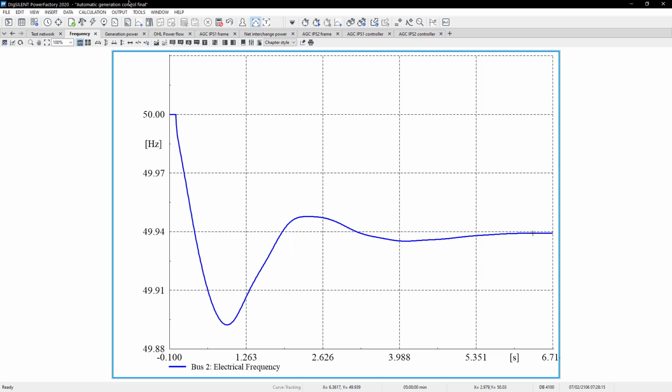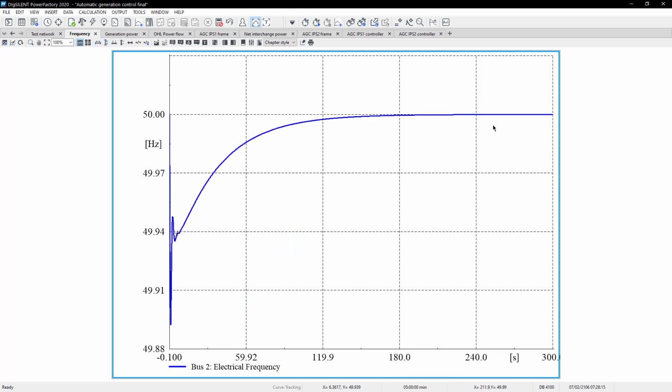But if you see the full scale, you can see how the frequency is coming back to 50 hertz. And that is the proper action of the AGC. Right now you are saying, okay, why did this guy start in this way?